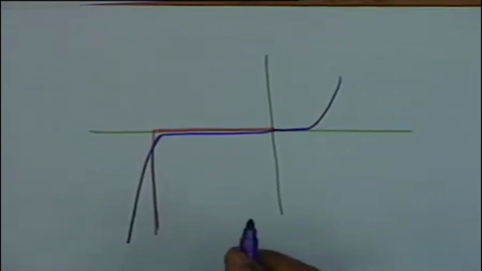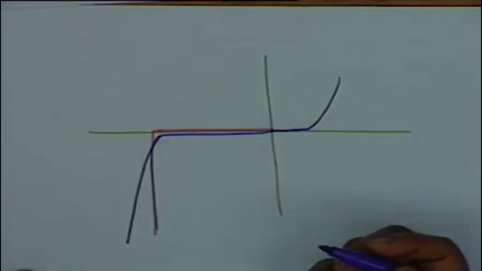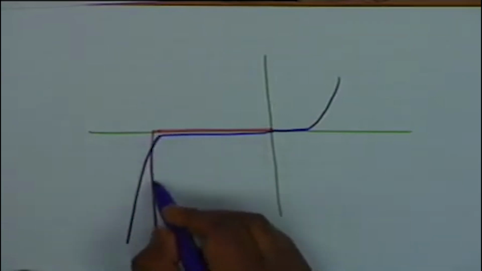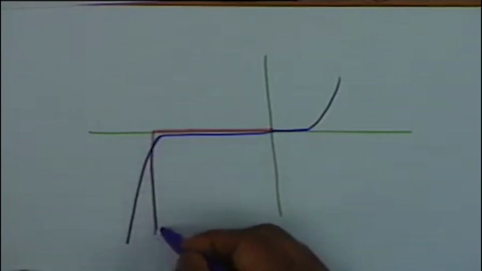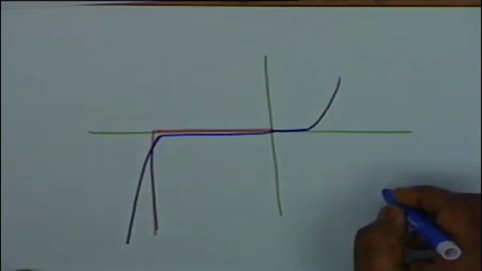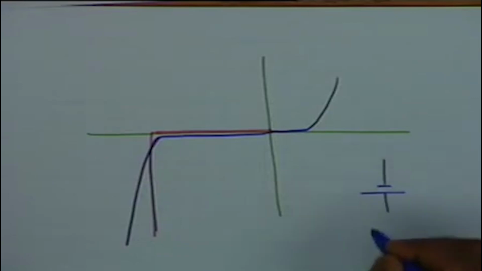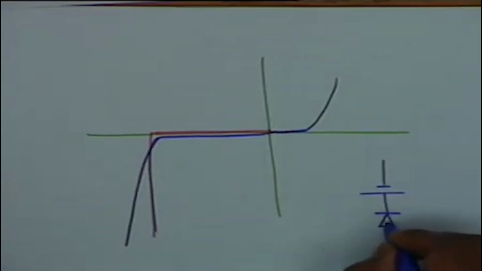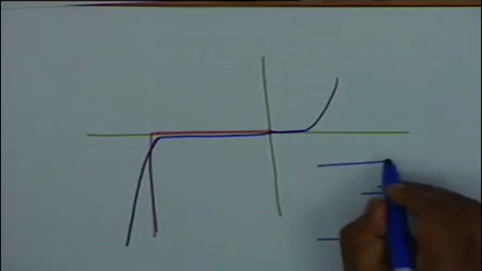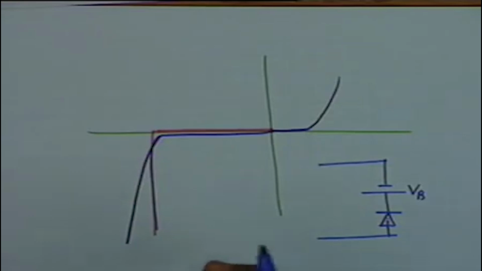All right. Now, how do you represent the Zener diode? What circuit model do you use for the Zener diode? Well, if I use the red approximation, the red characteristic, then obviously all that I have to do is that there would be a threshold voltage. This is good enough. We have an ideal diode in conjunction with a threshold voltage, which obviously is the breakdown voltage, the voltage at which breakdown occurs.